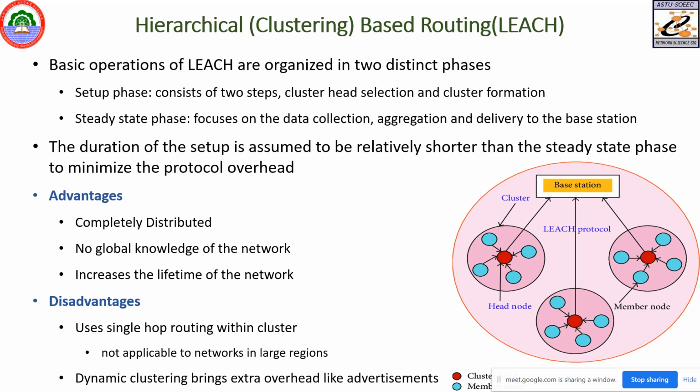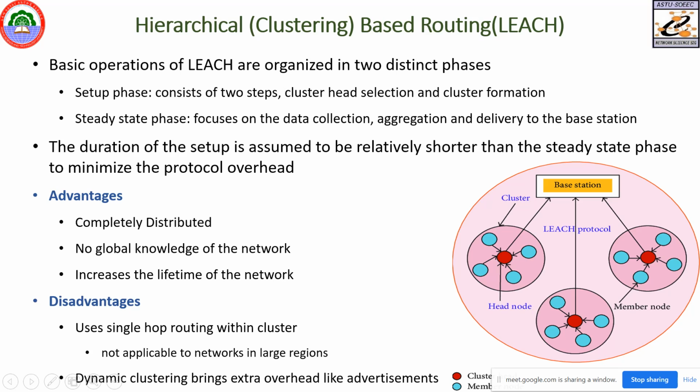This cluster head is responsible for data aggregation from its cluster members, and this aggregated data is finally sent to the sink node through one-hop connectivity of that particular link. So you can see here each and every cluster head is directly connected to the base station.